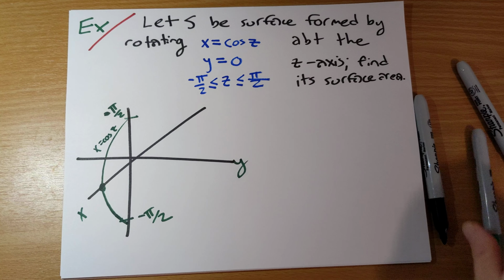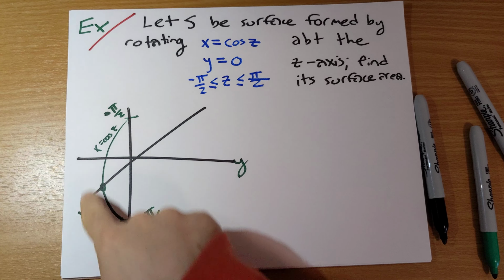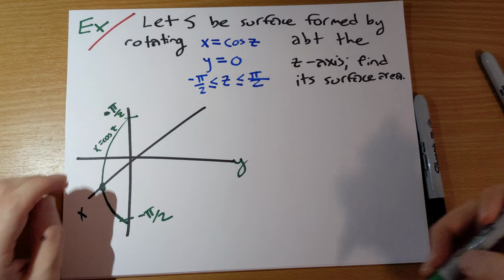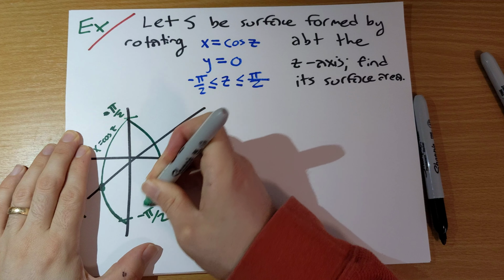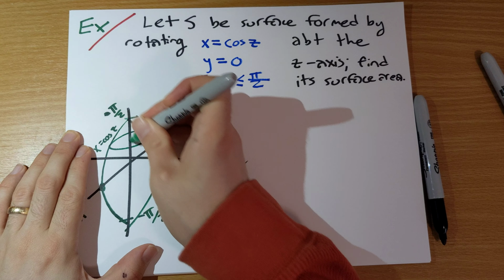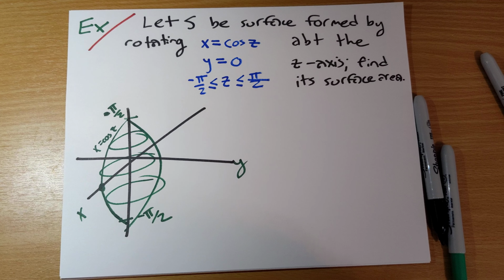What we're going to do is take this curve and rotate it around the z-axis. So it's going to look like this. The textbook has a better illustration of it perhaps, and this looks like a football-shaped region.